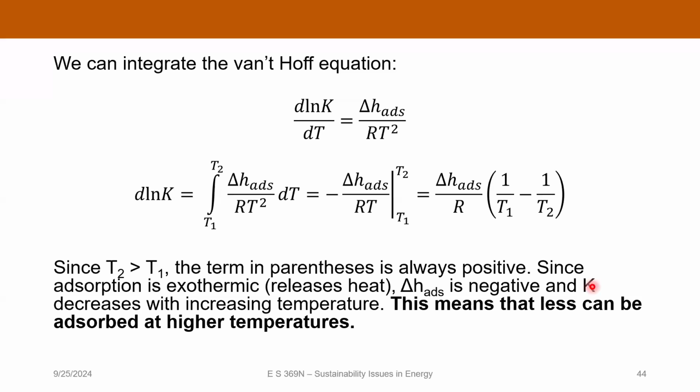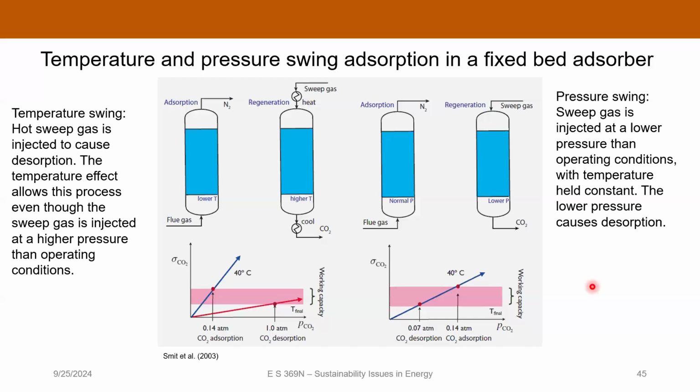But if you think about it in terms of the kinetics of the gas, the gas is going to have more energy and it's going to be less likely to go to the surface if the molecules are all moving around in a more energetic fashion. So this is just something you have to think about. So increasing pressure causes more sorption, but increasing temperature causes less sorption. So we can use those two facts to design our sorption and desorption steps.